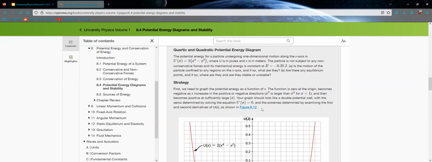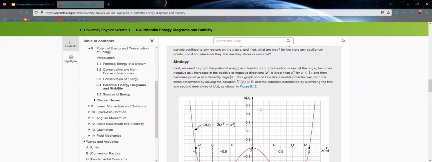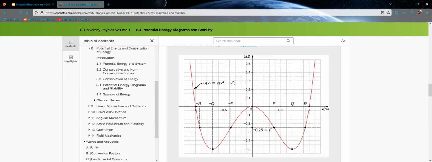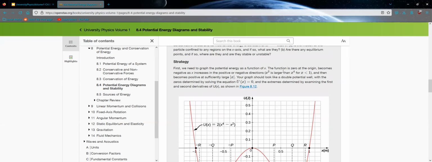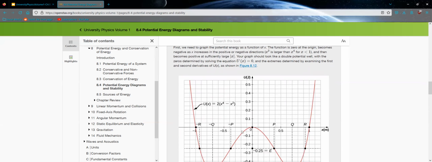So let's take this equation and graph it out. The 2 times x to the 4th minus x squared results in this W shape. Cool. The function is 0 at the origin, right here. Again, the y-axis is potential energy in joules.